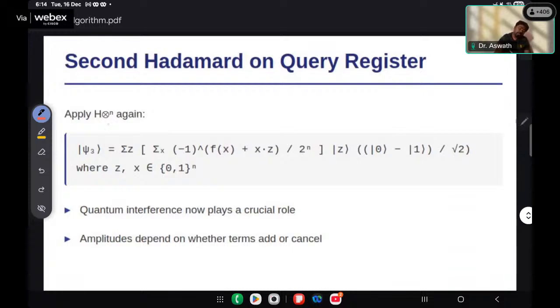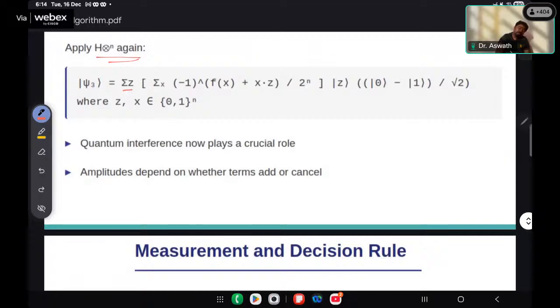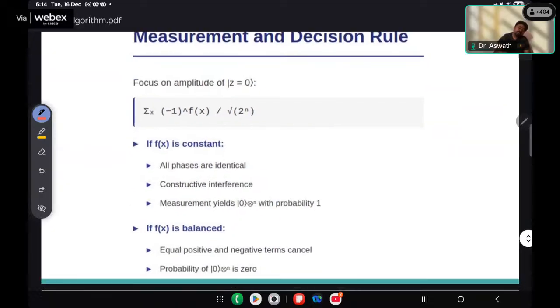Bob sends it to Alice. Now Alice applies n Hadamards on psi 2 and gets psi 3. This is a summation under z, and there is a summation under x inside, and then Alice analyzes only the query part and its amplitude.